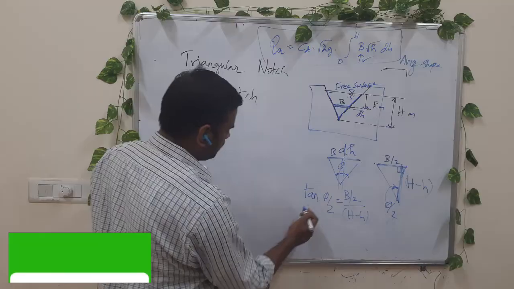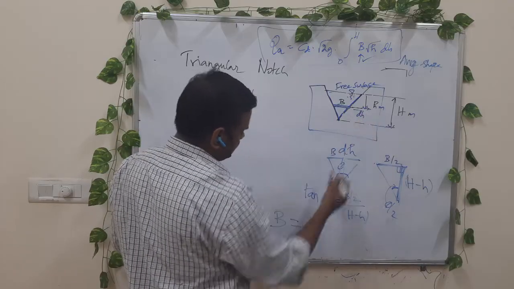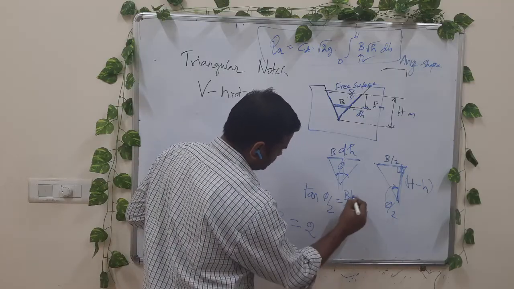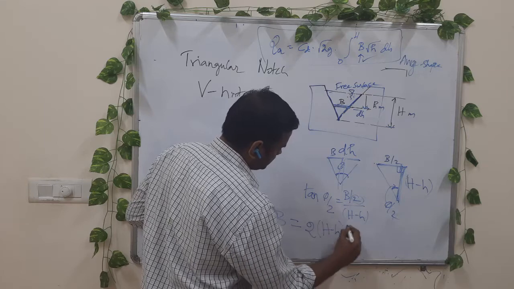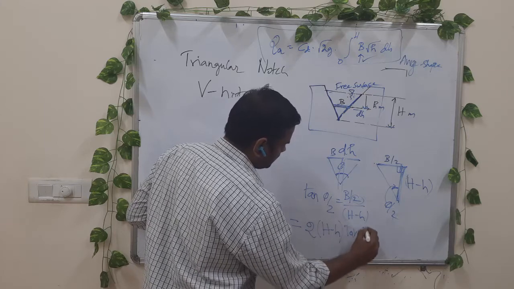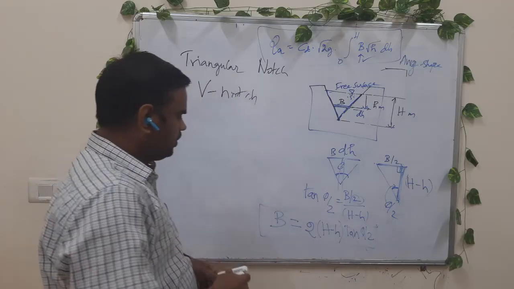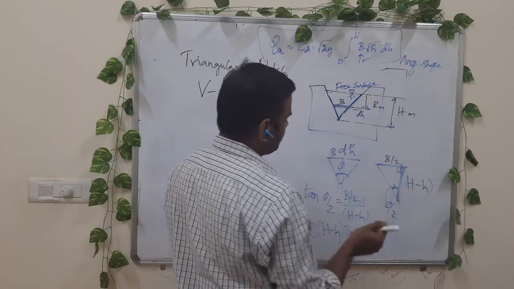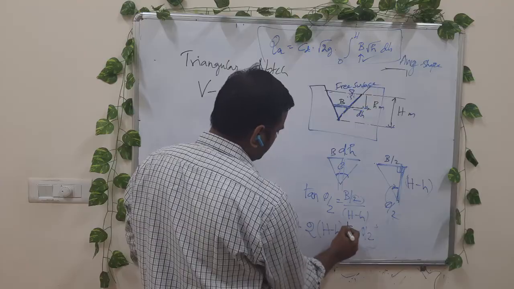So we can rewrite to get b as a function of height. b is equal to 2 into, this 2 goes to the right hand side, H minus h tan theta by 2. So we have width b at a particular height small h from the free surface as b equal to 2 (H minus h) tan theta by 2.